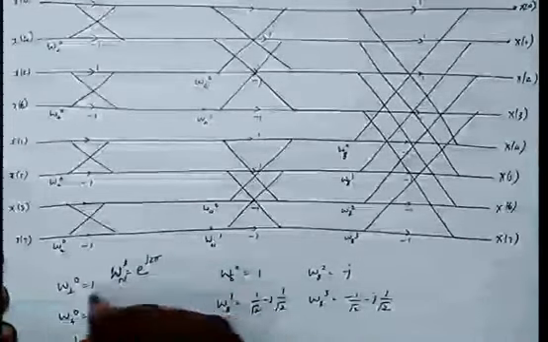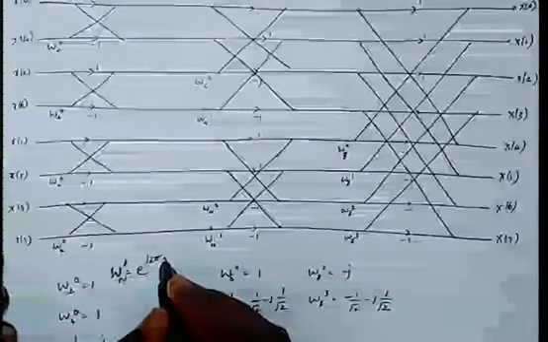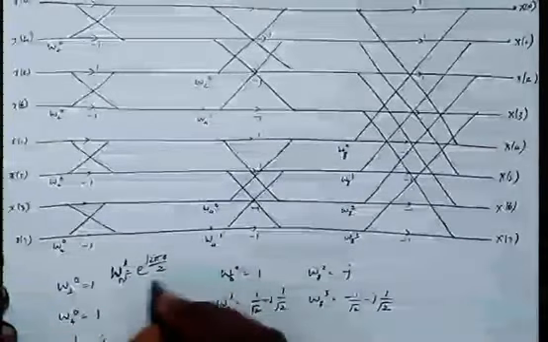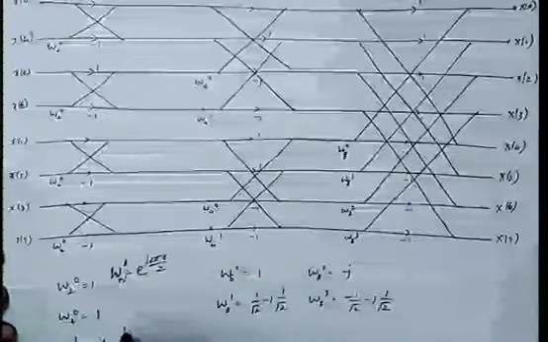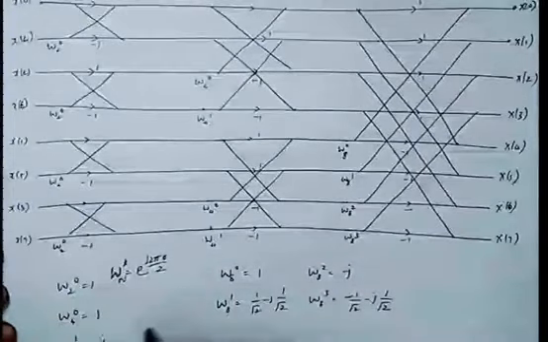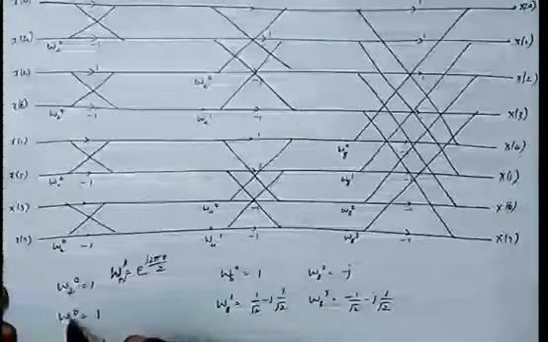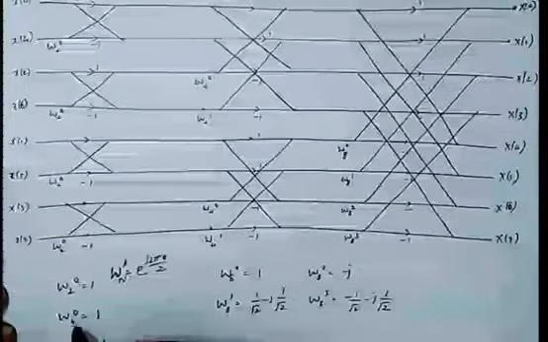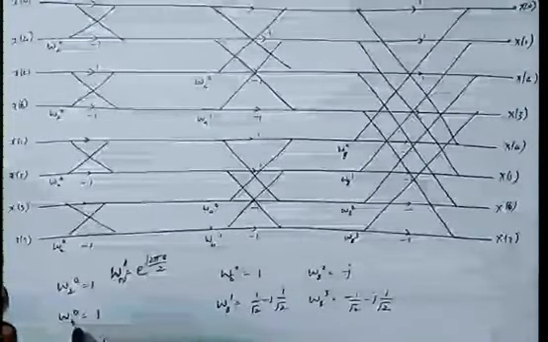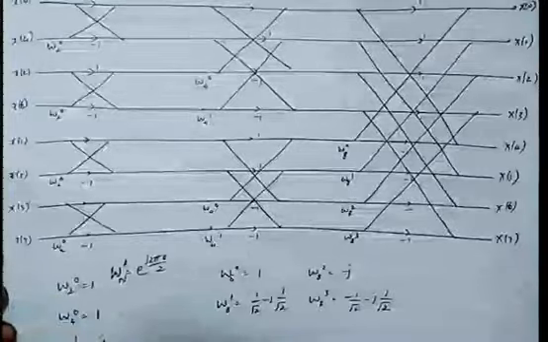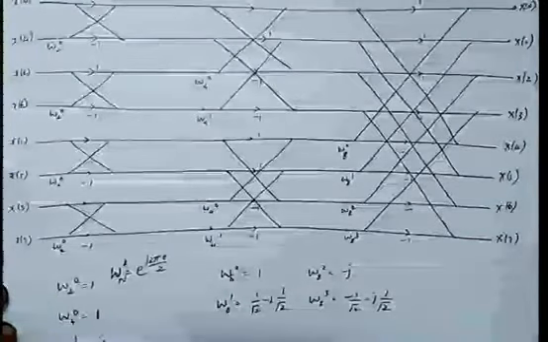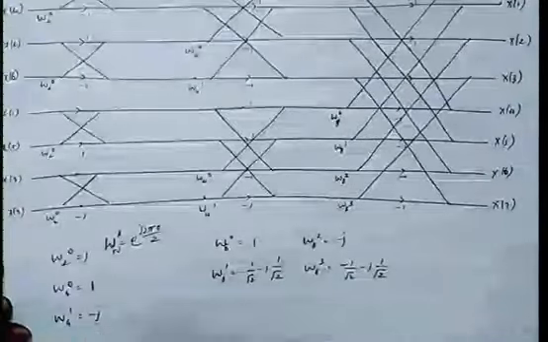If you substitute 0 and 2, e power 0 is going to be 1. Similarly, you can substitute the values of this twiddle factor and you get W_2^0 is 1, W_4^0 is 1, and W_4^1 is going to be minus j.